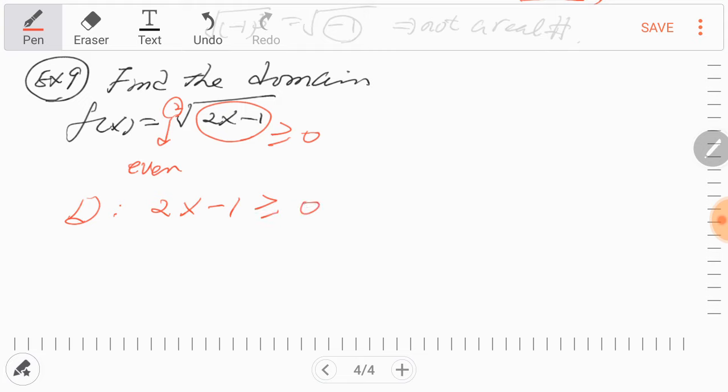Add 1 to each side, so 2x is greater than or equal to 1. Then divide each side by 2, so x is greater than or equal to 1 over 2. The domain is the set of all values greater than or equal to 1 over 2.